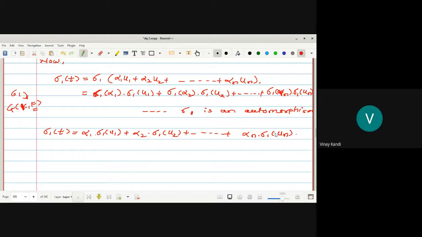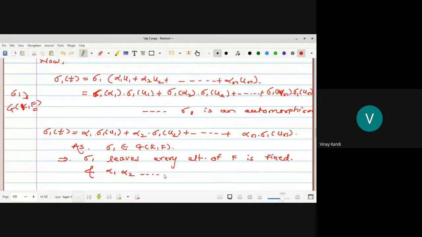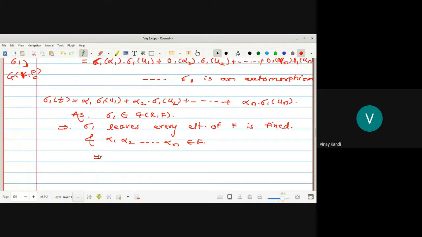As this sigma 1 belongs to G(K/F), sigma 1 leaves every element of capital F fixed, and alpha 1, alpha 2 up to alpha n are elements of the field F. So sigma 1 of alpha i is equal to alpha i for all i running from 1 to n.